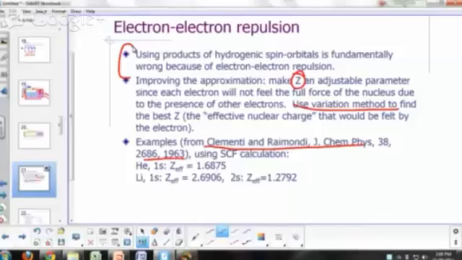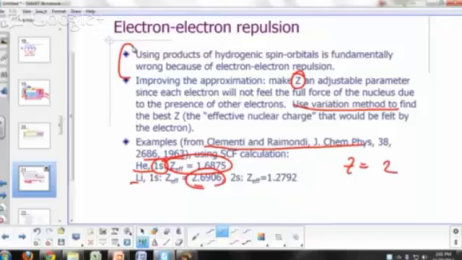In the case of helium, for example, for an electron in the 1s orbital of helium, you can get lower energies if you assume the effective nuclear charge affecting that electron to be 1.6875 instead of, what's Z for helium? Instead of Z equals 2, use an effective Z of 1.6875. For lithium, the effective nuclear charge for an electron in the 1s is 2.69.